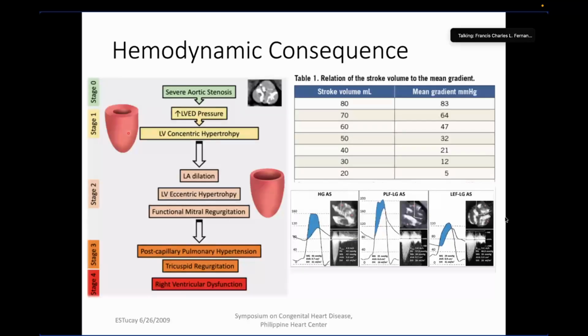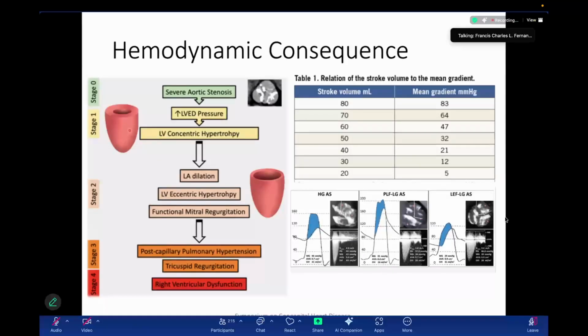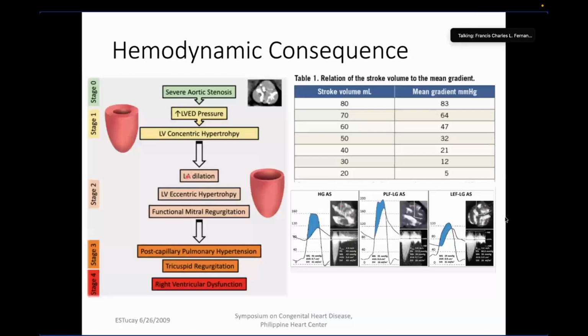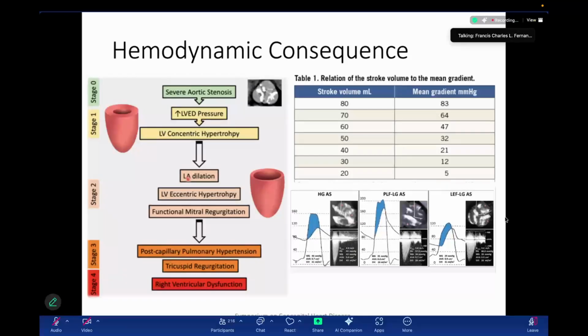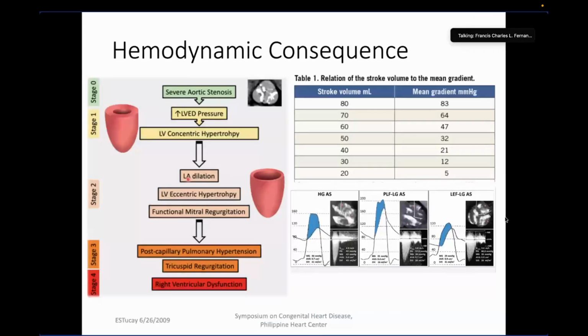So in opposing to regurgitant lesions, which is volume, this one is pressure, so it gets tighter. No? Then conversely, because the left ventricle becomes thickened and concentrically hypertrophies, the left atrium also will get a feel of that particular pathology.